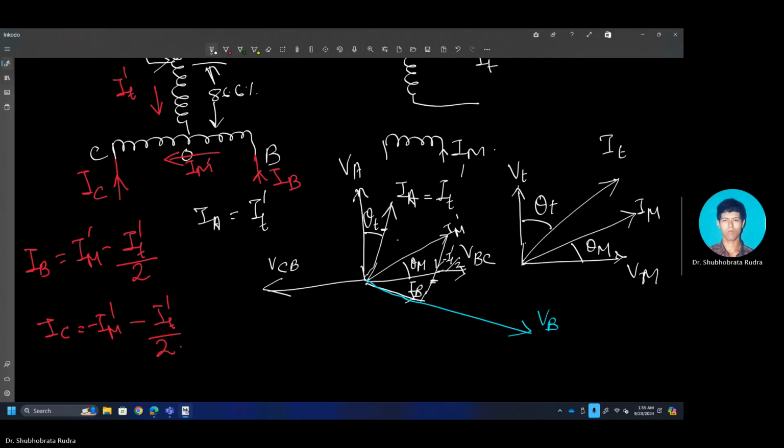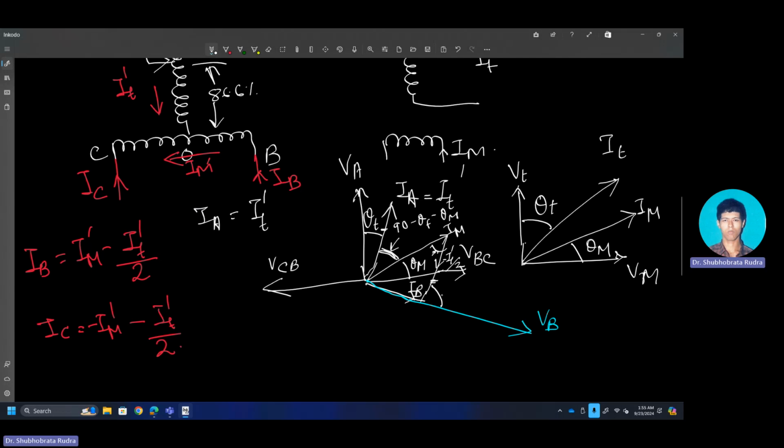So you can figure out the angle between these two. How much is the angle between these two? Clearly this is 90 minus theta t minus theta m. So from that you can figure out how much the angle is here.